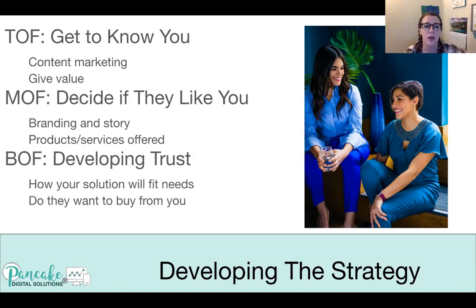So this is where your content will show how this specific solution for them, the product or service you offer, is really going to fit the needs of your audience and why they want to buy from you. Back to our clothing example, let's say your ads are showing these very specific clothing products and how they're really good quality and they have a really good fit.